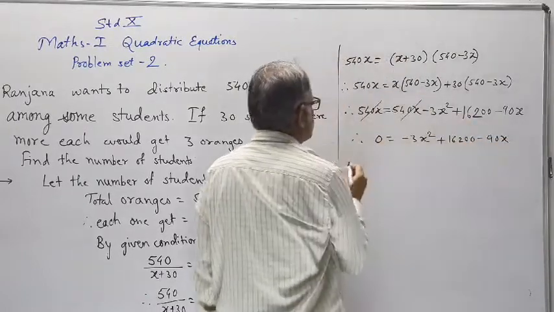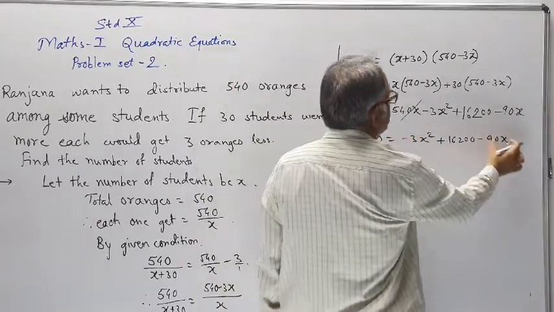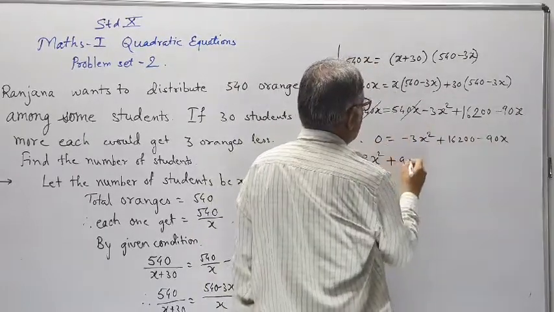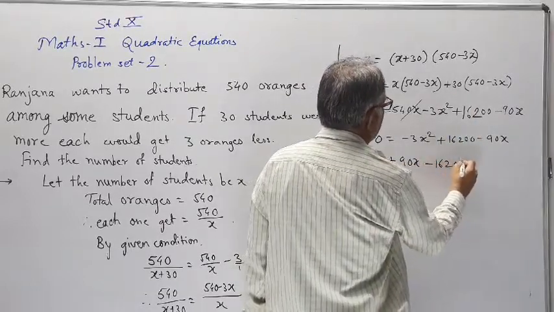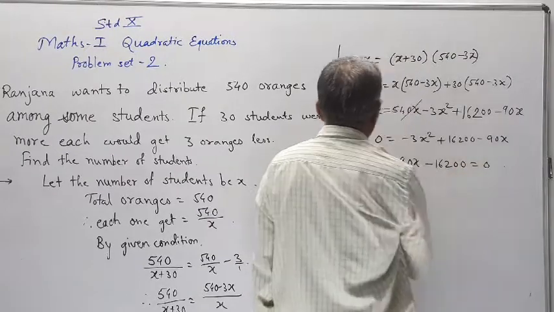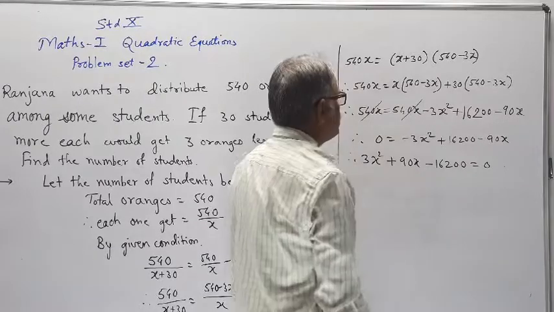Bring all terms to one side. The x square term first, minus becomes plus, then the x term, and then the number term also shifted. If you neatly observe, 90 is divisible by 3, and 1 plus 6, 7 plus 2, 9 is also divisible by 3.